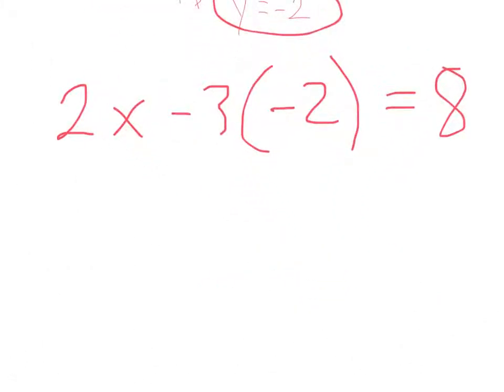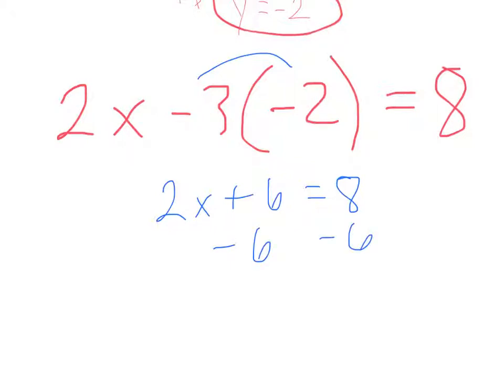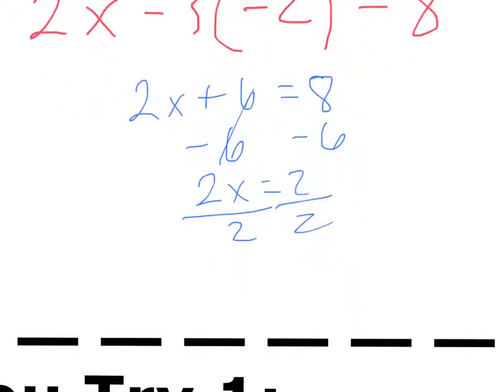So if we distribute out, negative 3 times negative 2 is going to give us 6. So 2x plus 6 equals 8. And then our two-stepper: undo addition with subtraction. Those cancel out, so we now have 2x equals 2. And lastly, divide each side by 2, and our x is in fact 1.